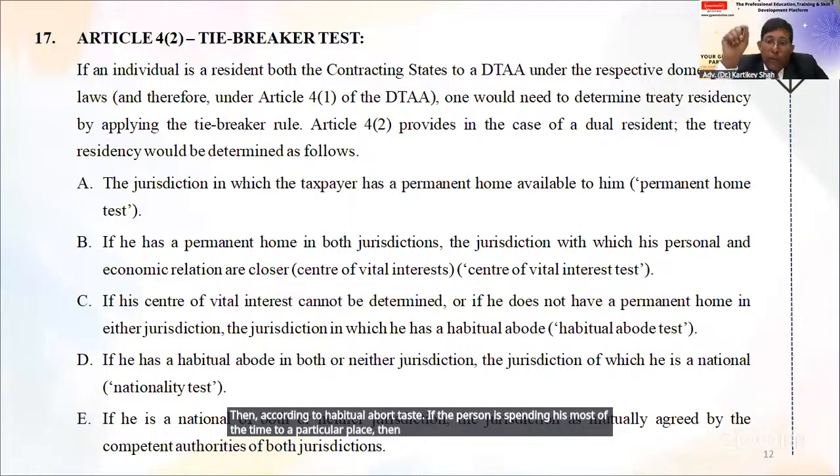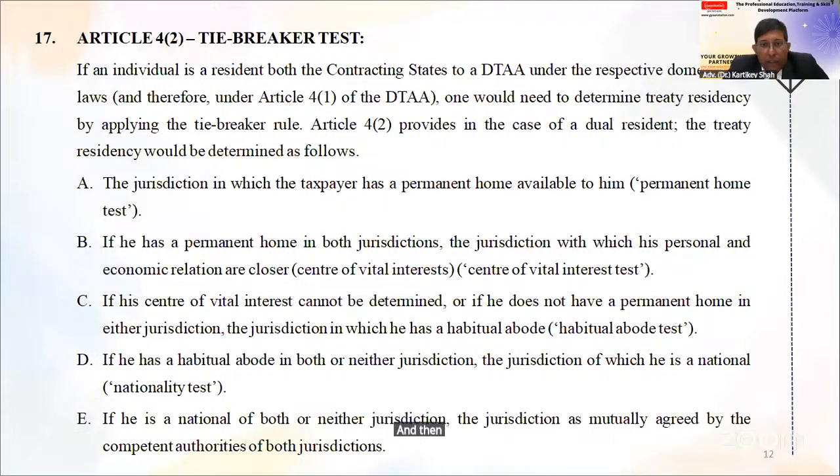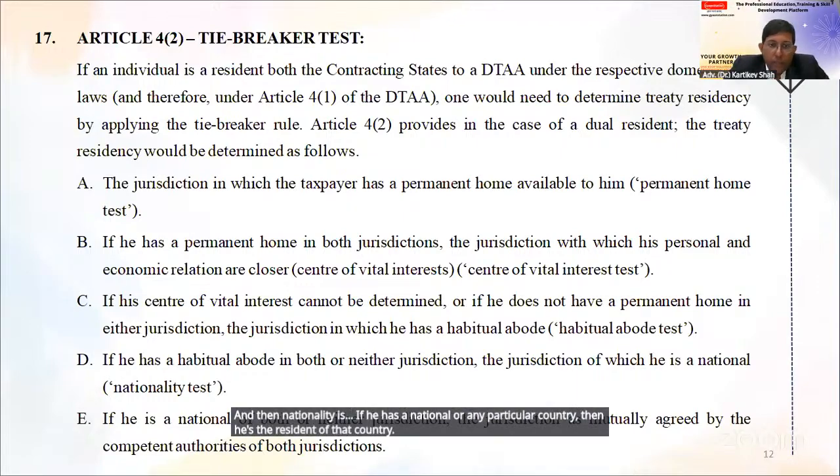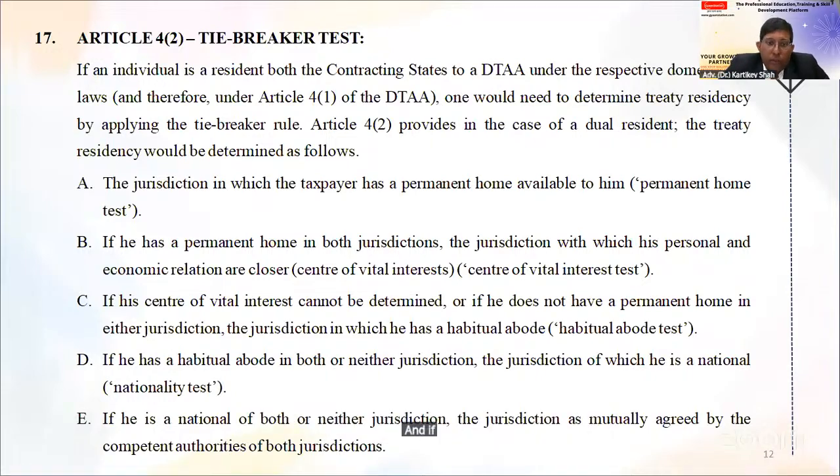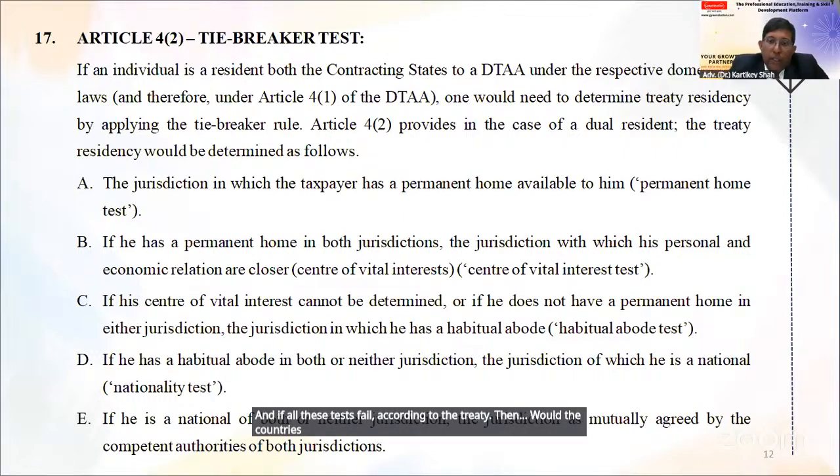Then we have to see the country where that place is situated, and consider the residency accordingly. And then the nationality test: if he is a national of a particular country, then he is a resident of that country. And if all these tests fail according to the treaty, then both the countries decide mutually how they will share the tax revenue from the particular transaction of the taxpayer.